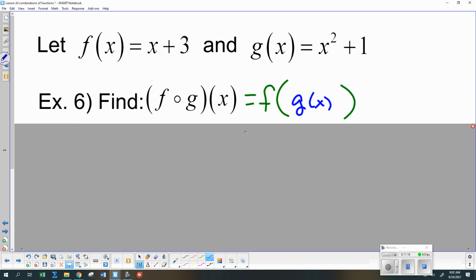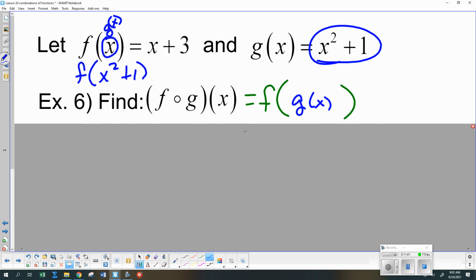So that means I need to take the f rule over here, and where I had an x, I need to put in g of x. G of x is x squared plus 1. So that means I'm doing f of x squared plus 1.